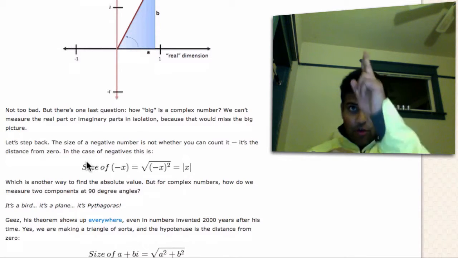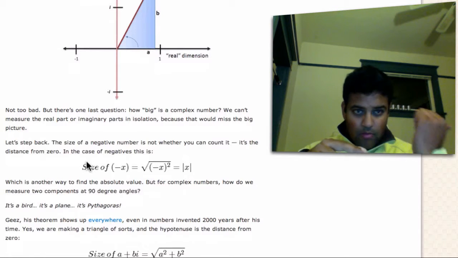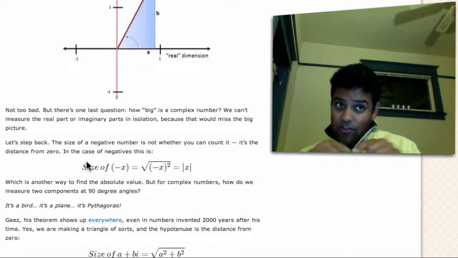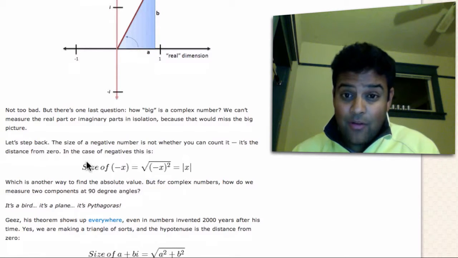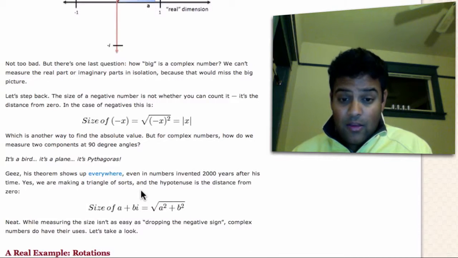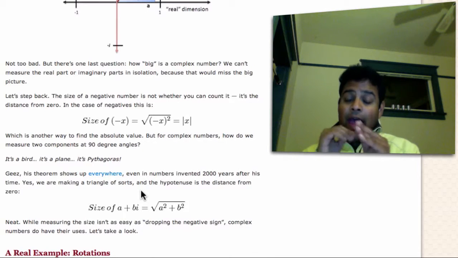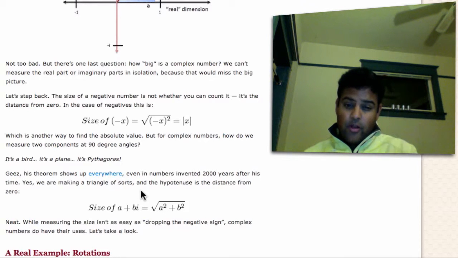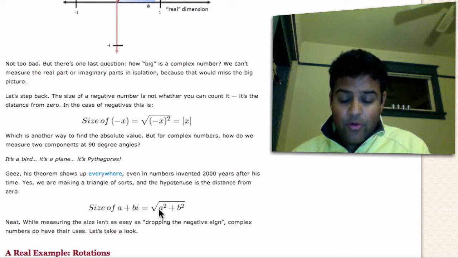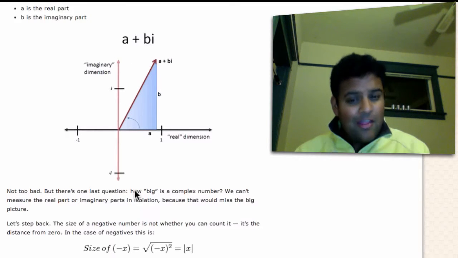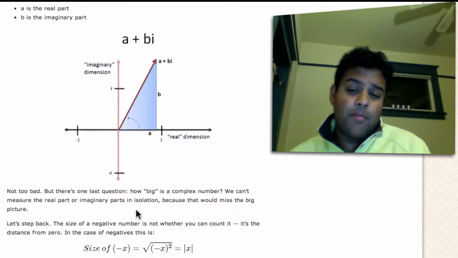The number could be straight up, it could be diagonal, it could be all the way across on the real side. To find a distance, we take the Pythagorean theorem. So it looks like this: the square root of a squared plus b squared, where a and b are the real and imaginary parts. That is how we get the size of a number.